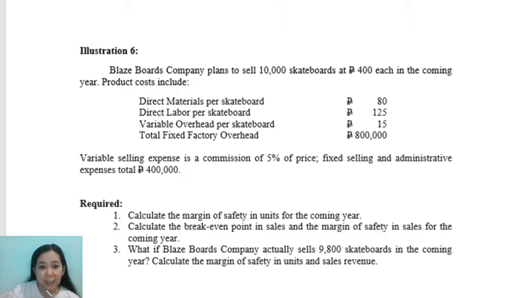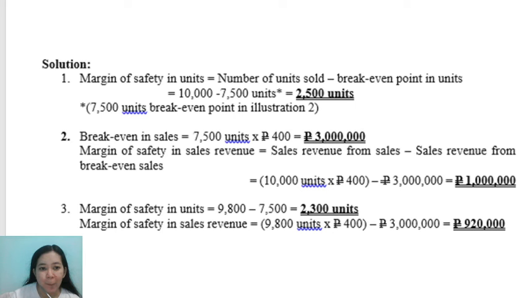The second: calculate the break-even point in sales and the margin of safety in sales for the coming year. Number three: what if the company actually sells 9,800 skateboards in the coming year? We will again solve for the margin of safety in units and its sales revenue.